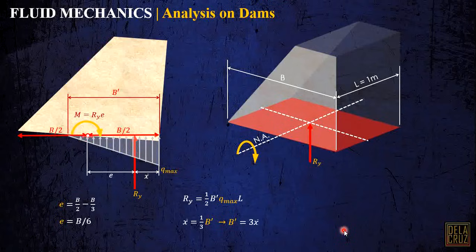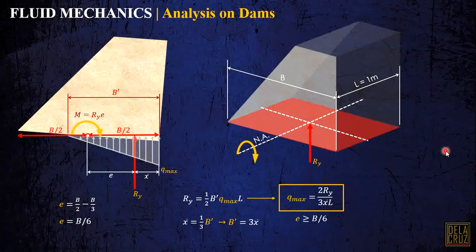Now, rearrange that B prime is equals to 3 bar X. Now, if we will substitute this one dito, ito yung formula natin. 2RY over 3 bar XL. Okay? So, this should be negative for compressive. Okay? Well, anyways, hindi naman ito magmamatter sa value na makukuha natin, no? Lalong-lalo na sa board exam, may choices kasi. Okay, so that's why ito yung formula natin. When E exceed B over 6. Okay? I hope you understand that.